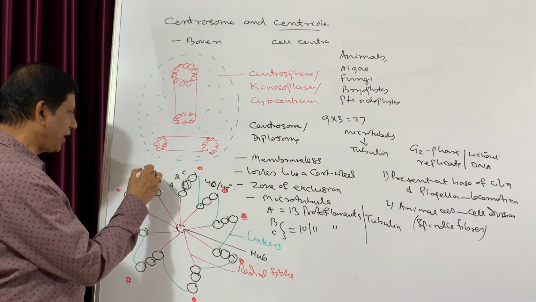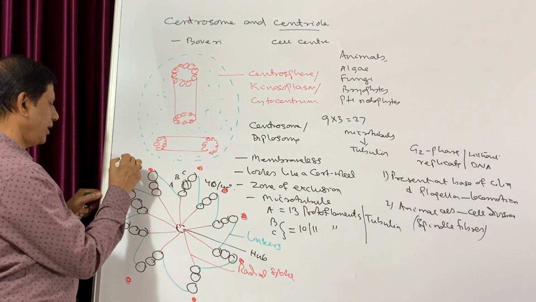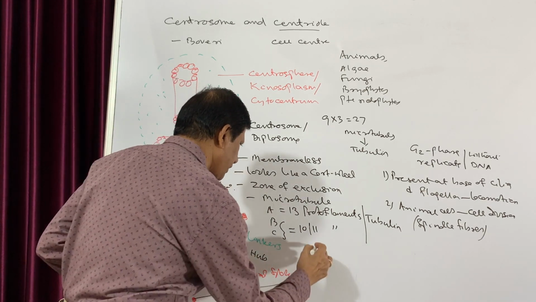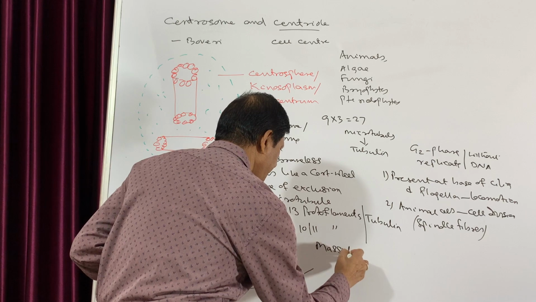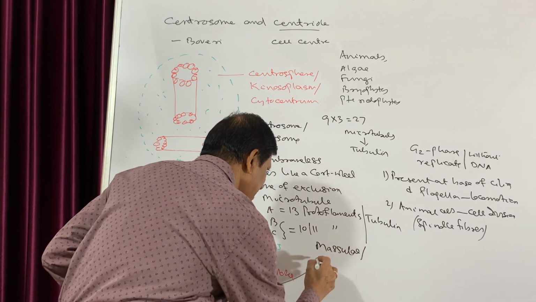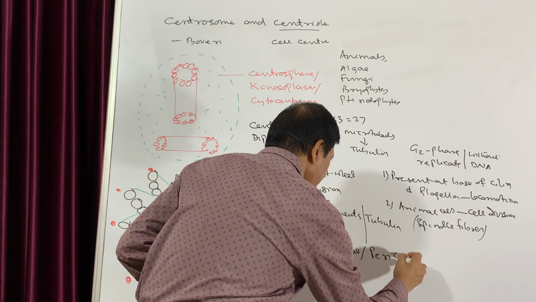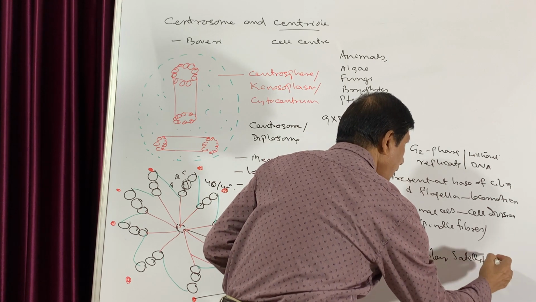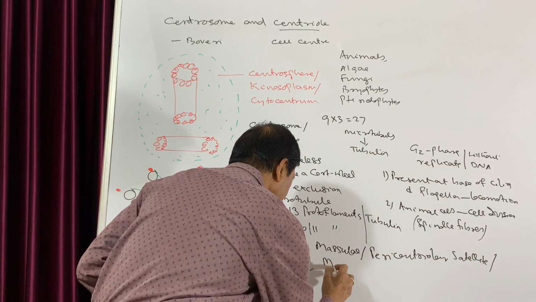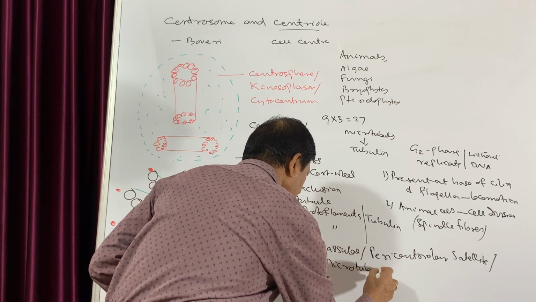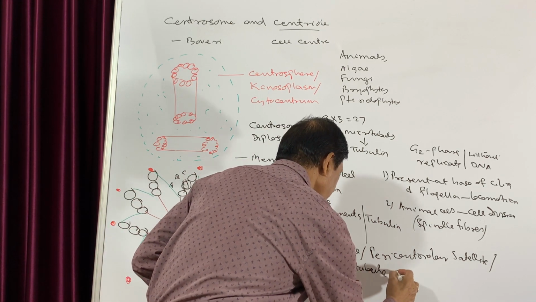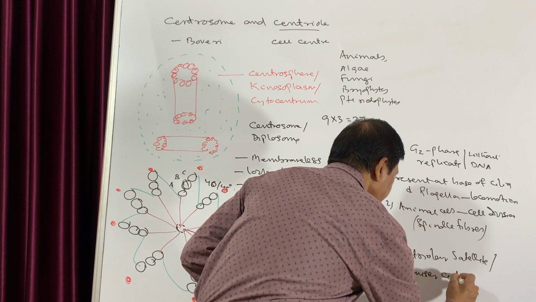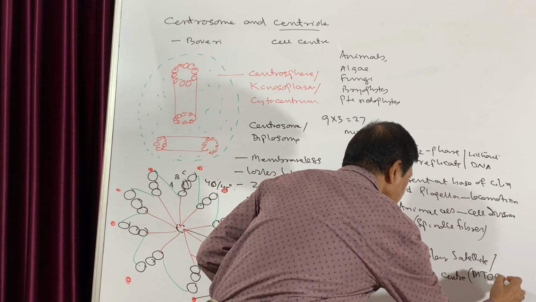These structures are known as maculae, or they are also known as pericentriolar satellite, or they are known as microtubule organizer center, in short MTOC.